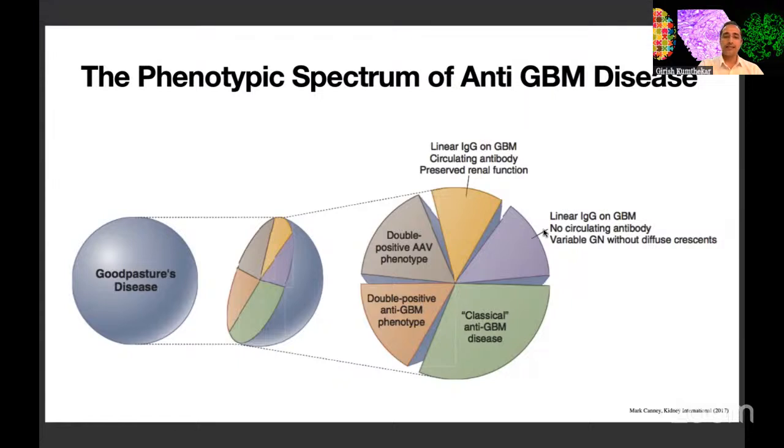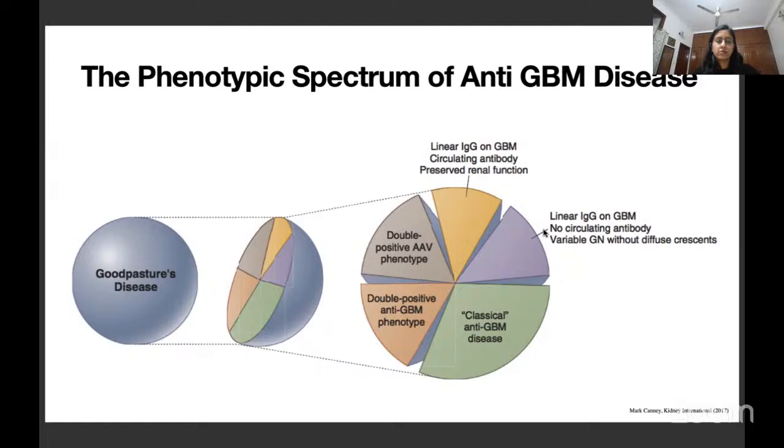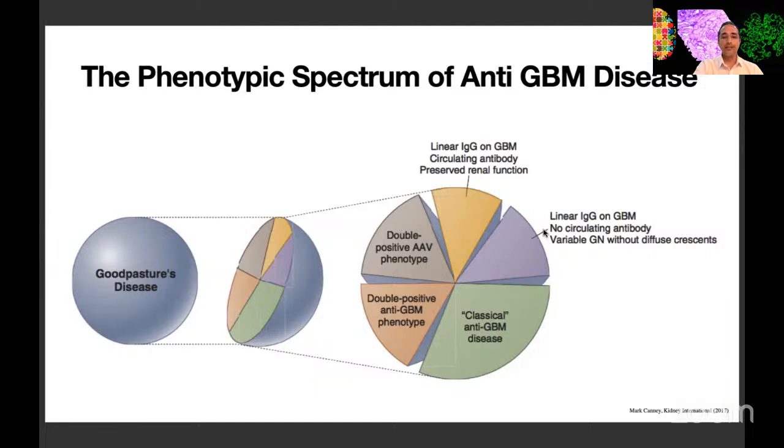And there is a classical anti-GBM disease where we get both. So with this, we need to zero in on a particular clinical manifestation and ask for the lab reports like ELISA, and you need to insist on a biopsy when you have high suspicion of anti-GBM, and we get fewer antibodies in the circulation.